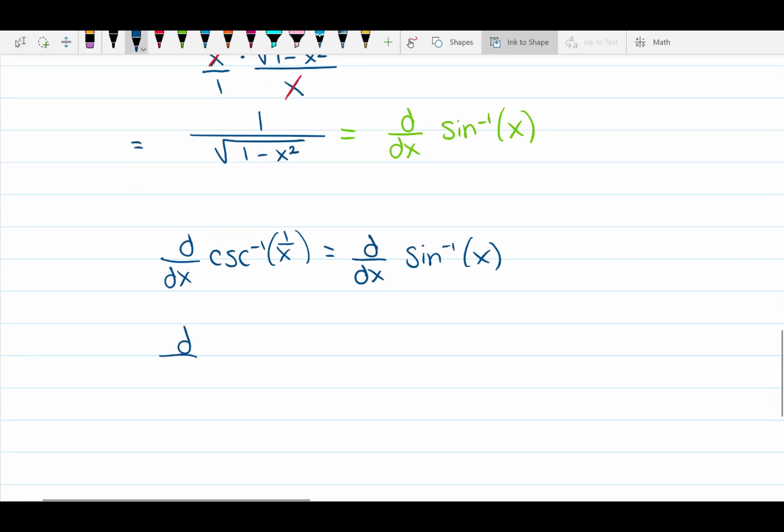Likewise, we get that the derivative of cosecant inverse of x is equal to the derivative of sine inverse of 1 over x. And I'm going to go more into these conversions in my next video. But keep in mind that on a lot of calculators, we don't have the cosecant inverse button. But we do have a sine inverse button usually. So this will be helpful when we want to convert into sine inverse.